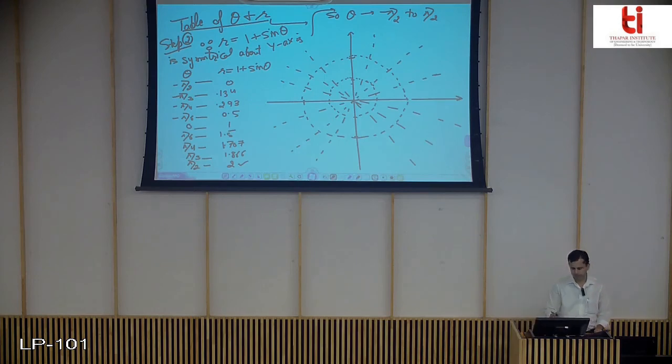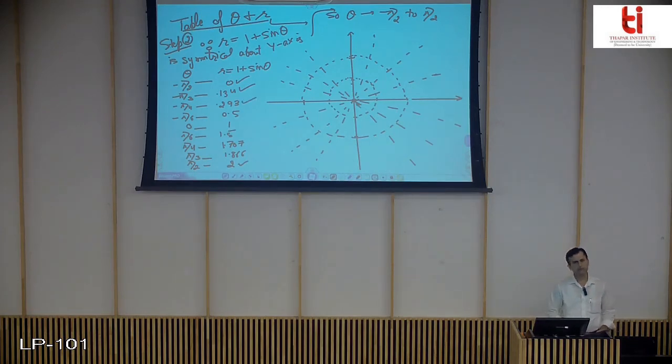Now let us start. Minus pi by 2: you are at the origin looking downward. This line, minus pi by 2, is here. But r is 0, so you are at the origin. Now minus 60 is this ray, and r is 0.13, so somewhere very close to the origin.